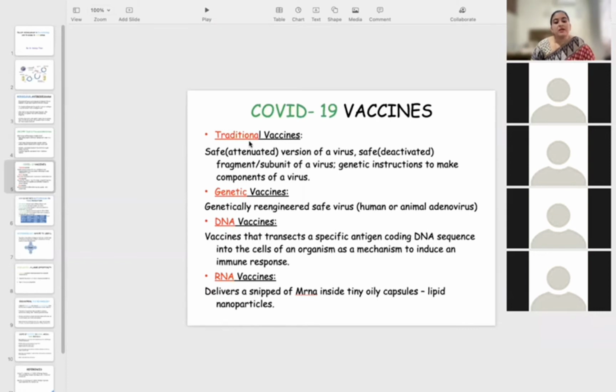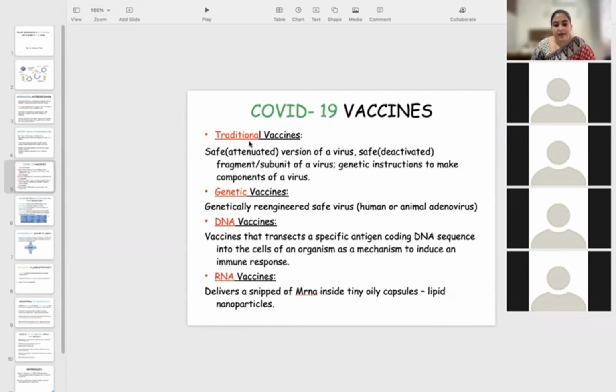That means we already have circulating antibodies present in our immune system, which are enough to fight or combat this disease, even after getting vaccinated, when this virus tries to infect us. So we have already preformed antibodies in our system. This is how traditional vaccines used to work.